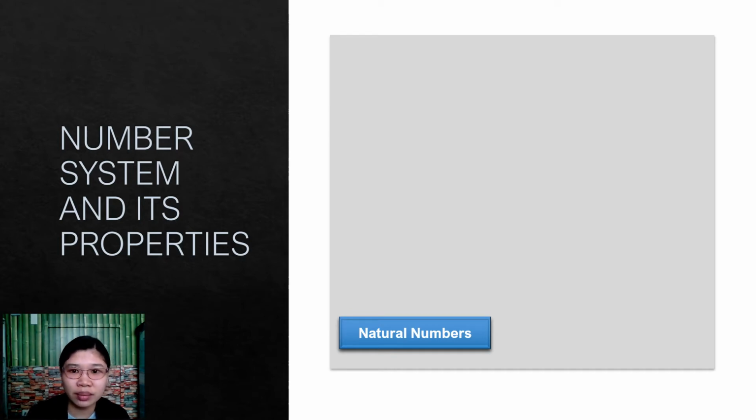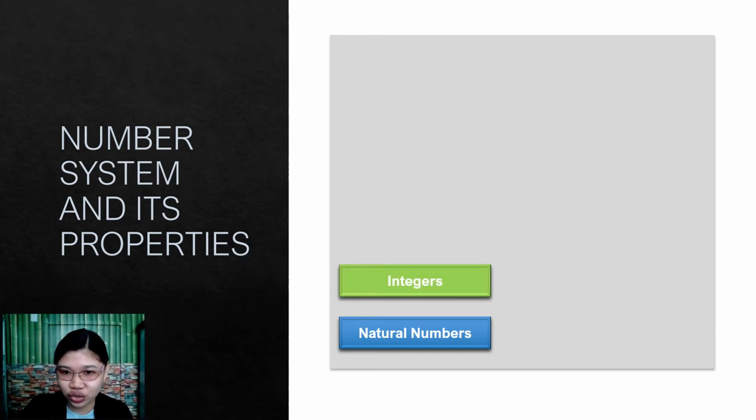The whole numbers are the natural numbers together with 0. Again, whole numbers are natural numbers with 0, and natural numbers are counting numbers, which are 1, 2, 3, 4, 5, and so on. Next up we have integers.